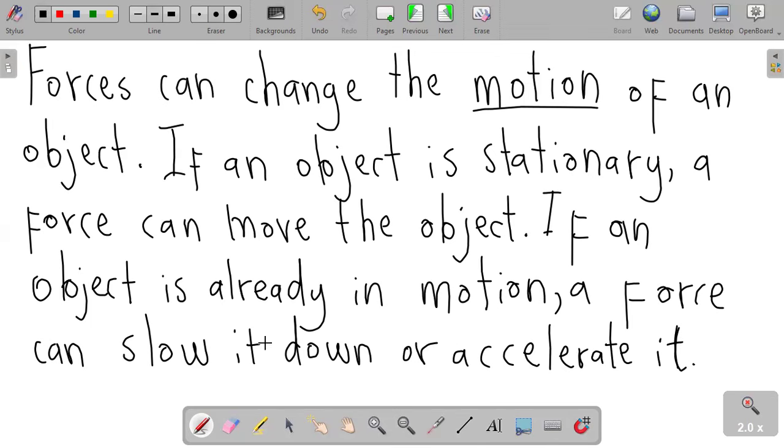So there can be deceleration or acceleration. So this is the effect that it will have on motion.